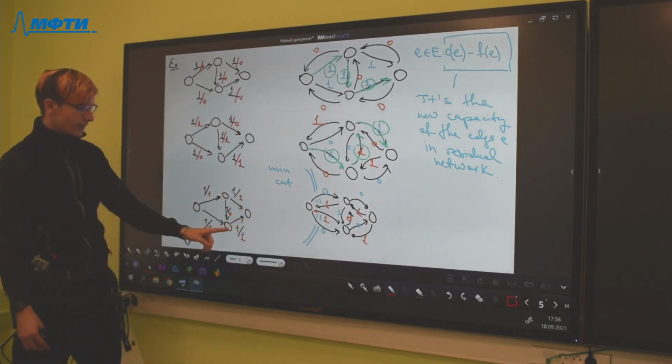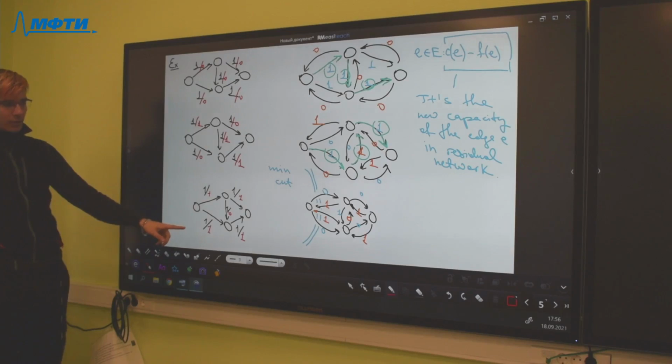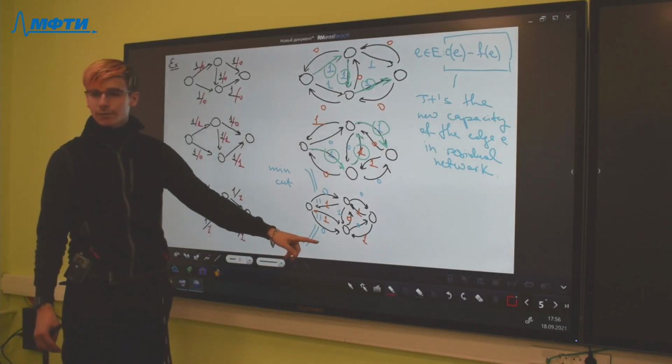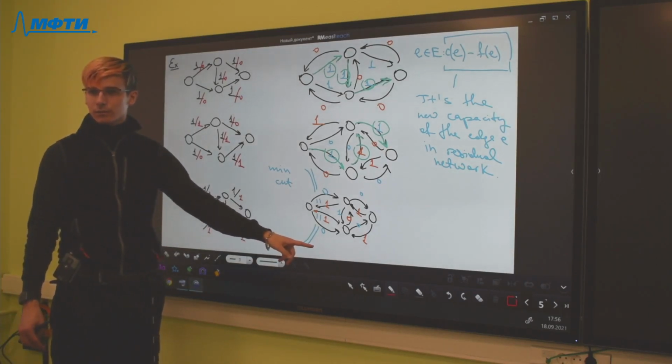First, to find the maximal flow, and second, to find the minimal cut.